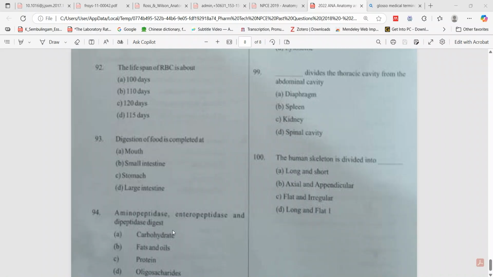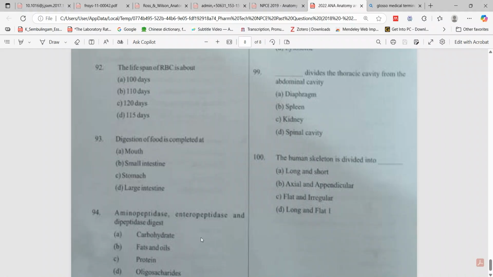93. Digestion of food is completed at the small intestine.